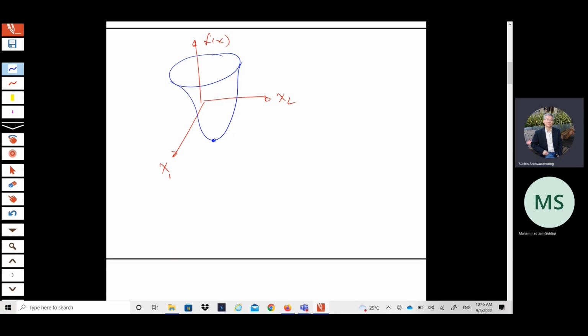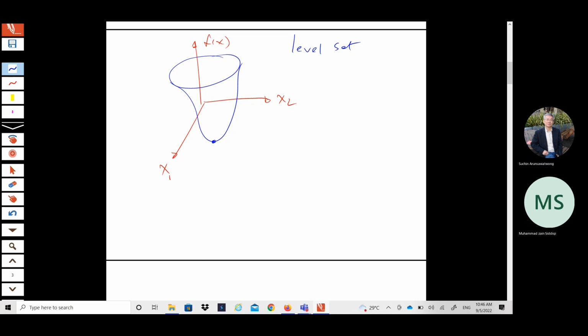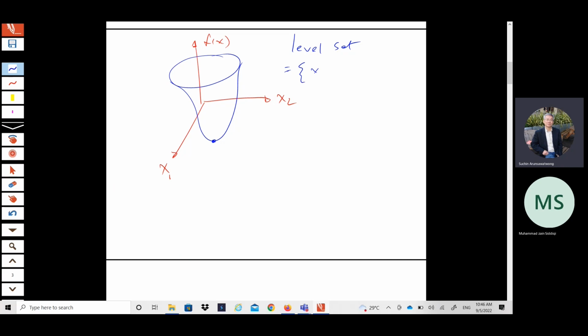Then there is a term called level set. A level set is defined as the set of x in Rn such that f(x) is equal to a constant. So what is it in this two-dimensional problem? To find a level set, we define a constant plane f(x) equals constant.